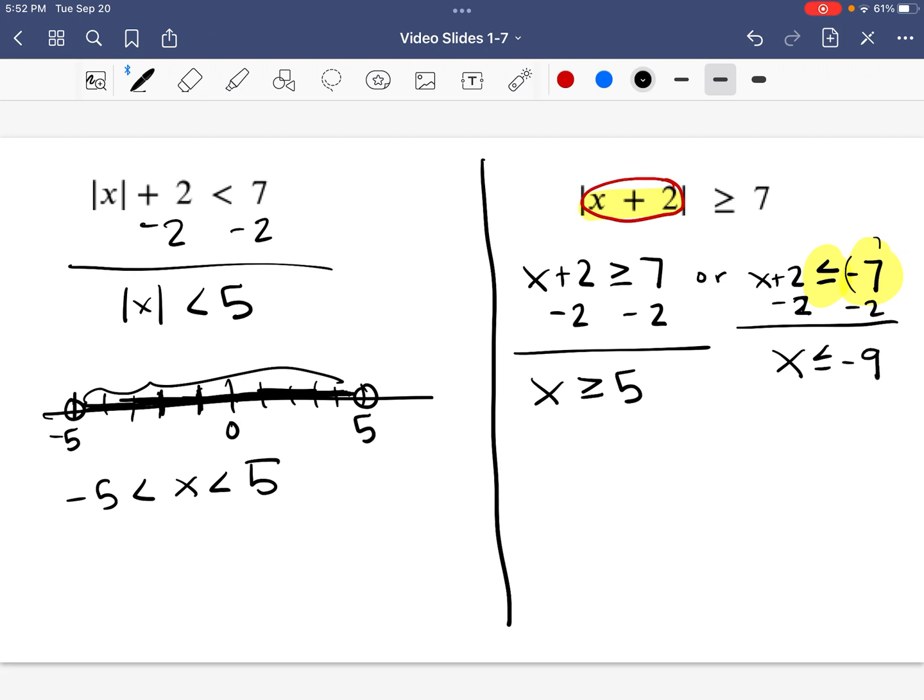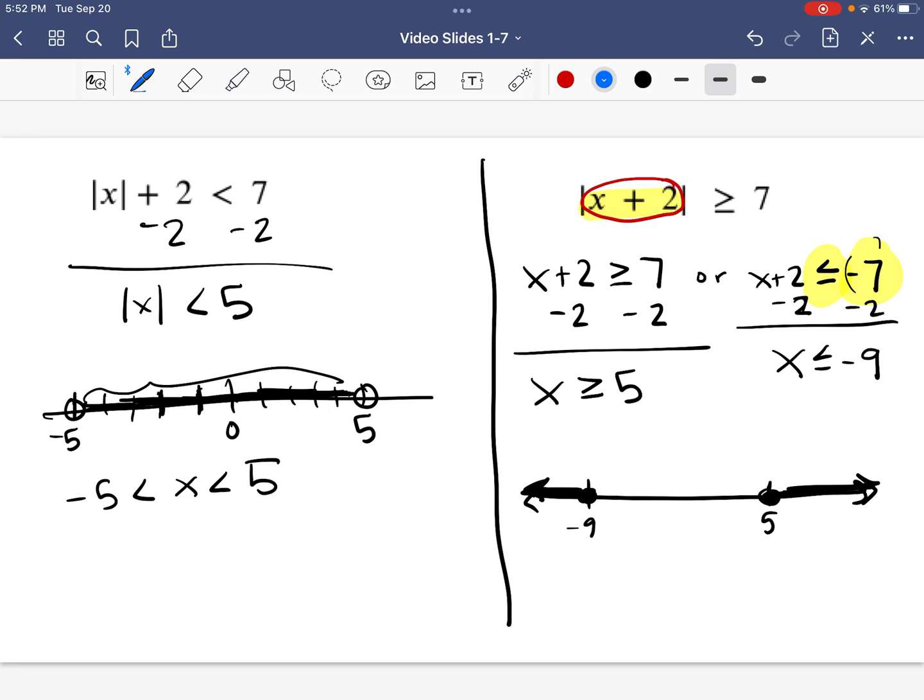So if I were to graph that, I would say, well, here's 5. X has to be bigger than that, or x has to be less than -9. And let's plug in some values and make sure that that makes sense.